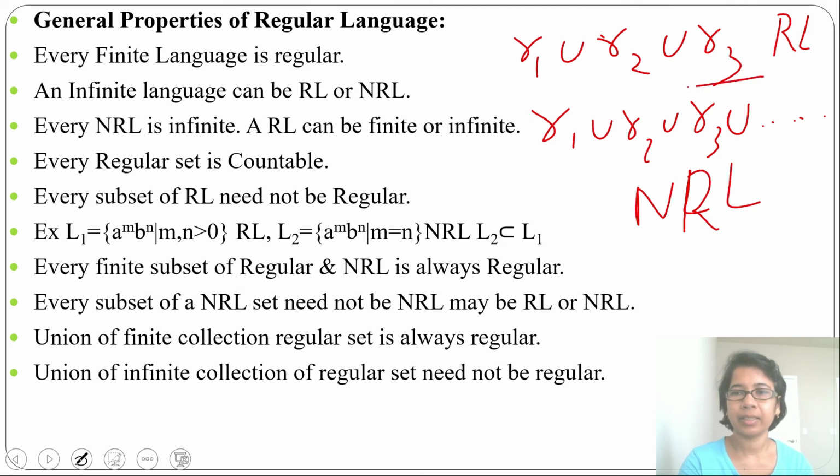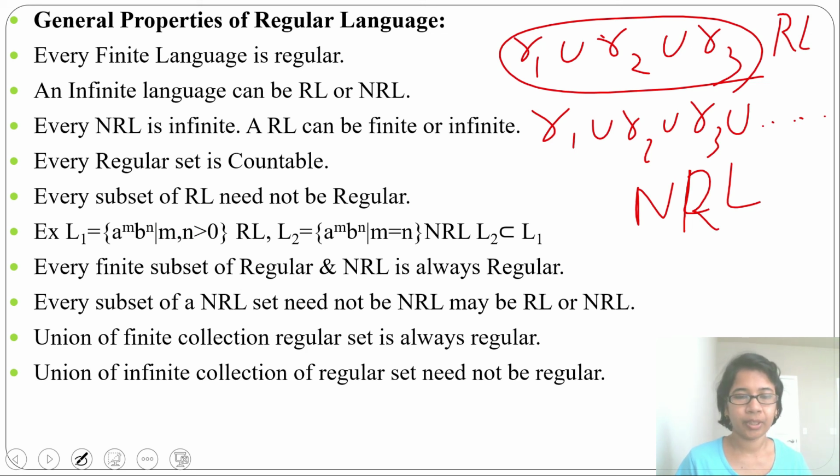If it is finite, this is regular. Actually, union and intersection satisfy the closure property of regular languages. If two languages are regular, their union will also be regular. If three languages are regular, then their union will also be regular. But it is not necessarily regular when there are infinitely many regular languages. The union of infinitely many regular languages is not necessarily regular.